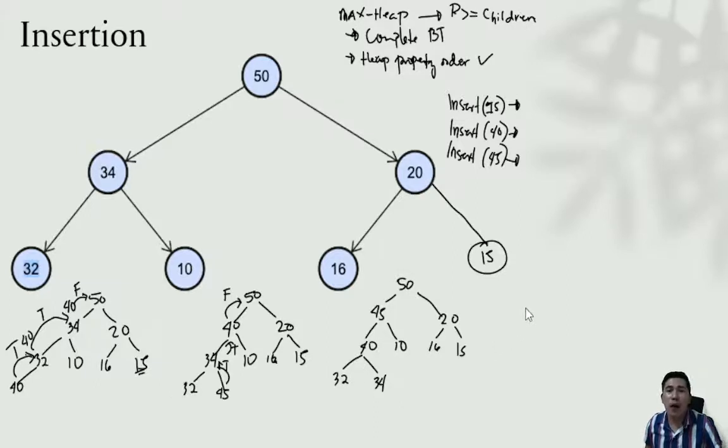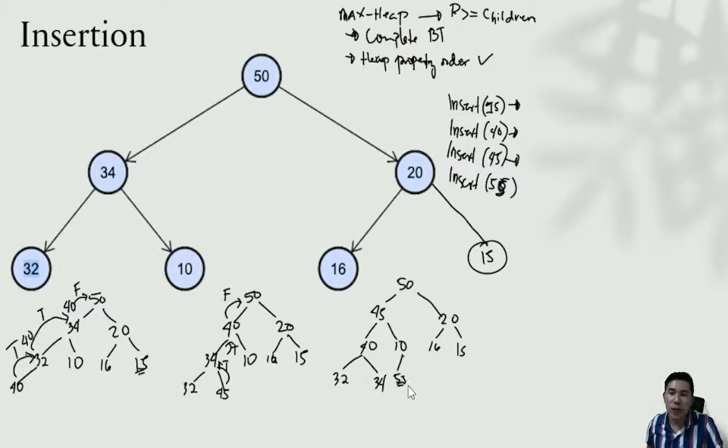Okay, now how about if we insert another? Let's say we insert a value more than its root node. Let's say we have 55. So insert 55. When we insert 55, it should be placed right here.